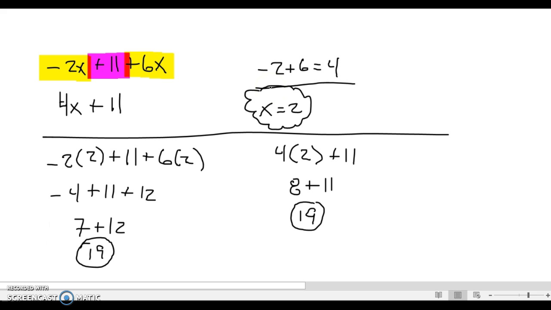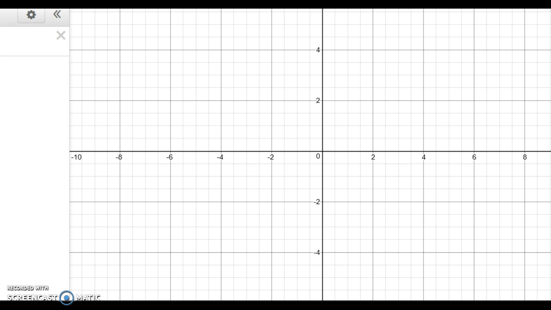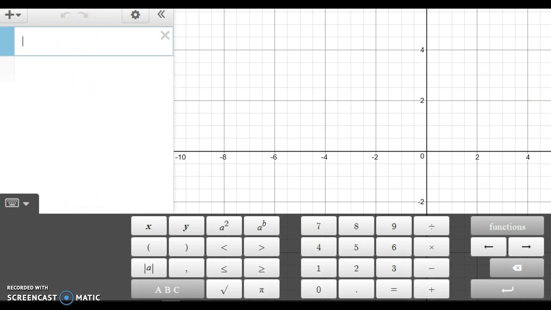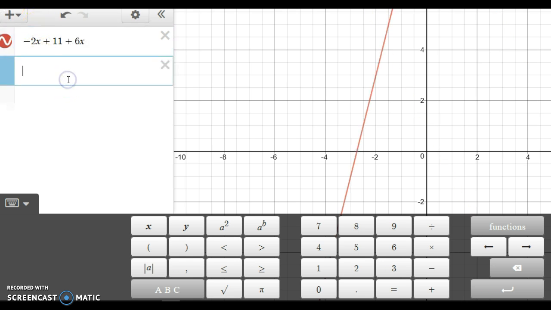You can also take a look at Desmos, and if you want, we can slide this over a little bit, and we can, in one spot, put our original statement, negative 2x plus 11 plus 6x, and we can write our simplified statement, which was 4x plus 11.